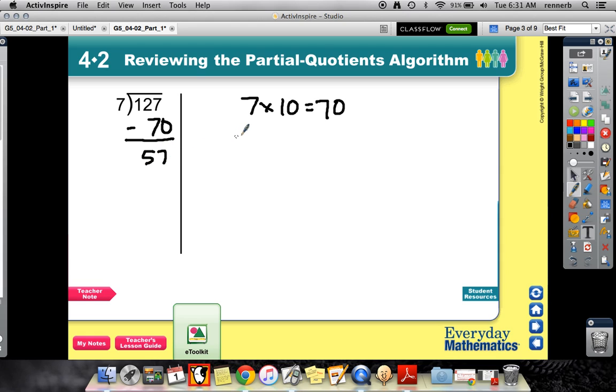All right? So now, leave this 10 right there. Don't put anything here. I know, it's a little different. It's okay. Now, how many 7s are there in 57? Well, I remember that 7 times 8 equals 56. That's pretty close, isn't it? So I'm going to put 56 over here.